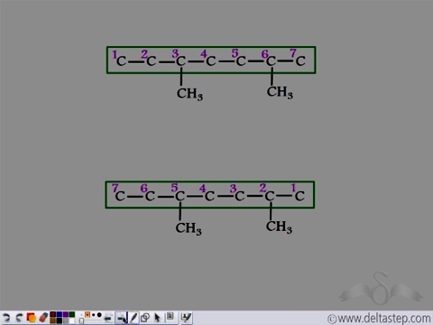In the first case, you observe that we have a methyl group at position number 3 and a methyl group at position number 6. So can we name this as 3-methyl and 6-methyl?